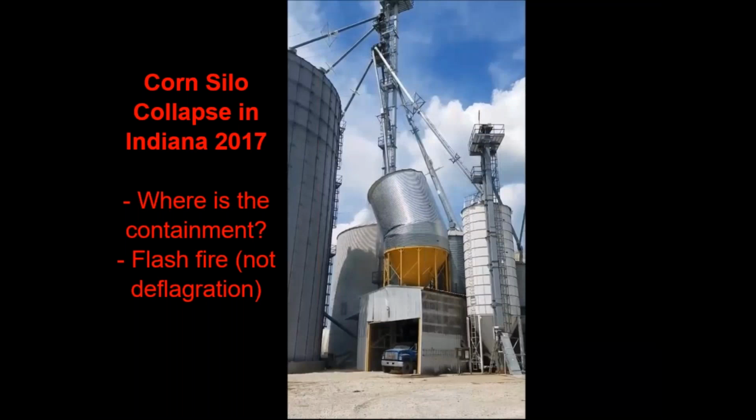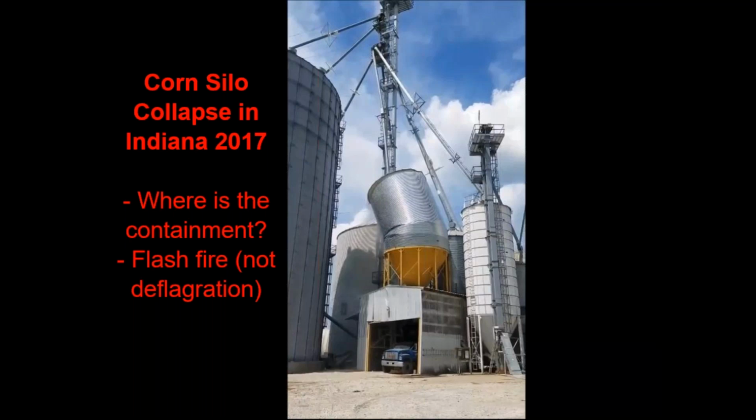So here's an example of an incident that defies some of those rules around combustible dust. What you'll see here is a corn silo that gave way. I believe there was a venting issue in this particular silo. This is whole corn in a transloading facility in Indiana, where the silo was collapsing on top of a truck loadout area.